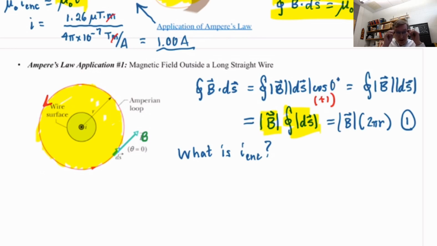Well, the entire wire inside, the current is piercing going upward. Yes, the entire current of the wire, I. So the answer for I enclosed in this context is a simple, straightforward plus I. And I'll number that equation 2. And now I will actually write down Ampere's law. I haven't really used it yet.